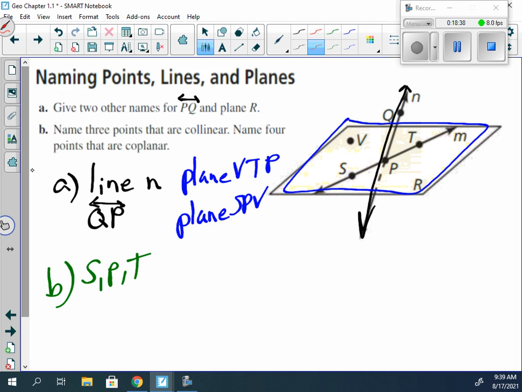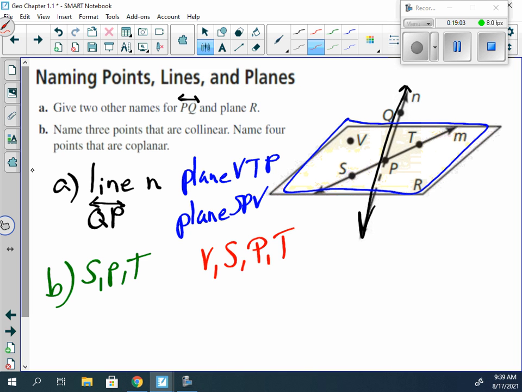Coplanar points. V. Well, we can't use R because R is naming the whole plane. S, P, and T. Because all 4 of these are the coplanar points. They're all on the same plane.